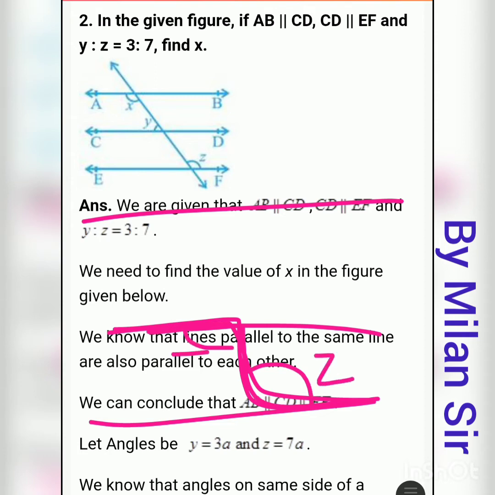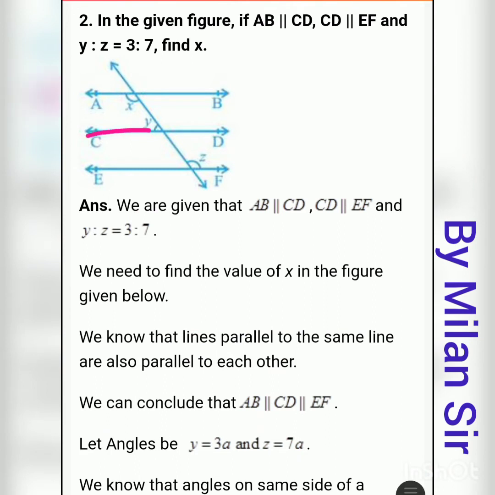Here we have a Z, so this angle is also equal to z. So the value of this angle is z.